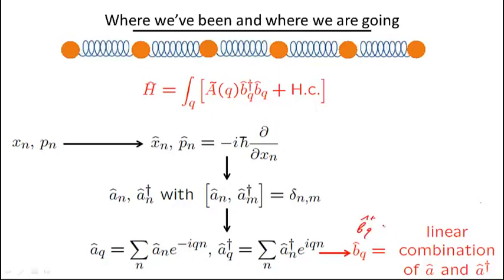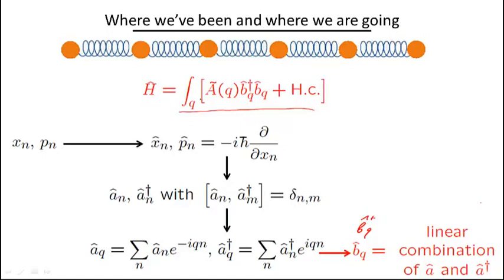Let's assume that we can construct this b and b dagger as a linear combination of a and a dagger in such a way that the new Hamiltonian won't have the bad terms, by which I mean the terms that we don't know how to deal with. Instead, we'll have only this standard combination of b dagger and b, for which the spectrum is obvious. And this essentially would mean solving the problem.